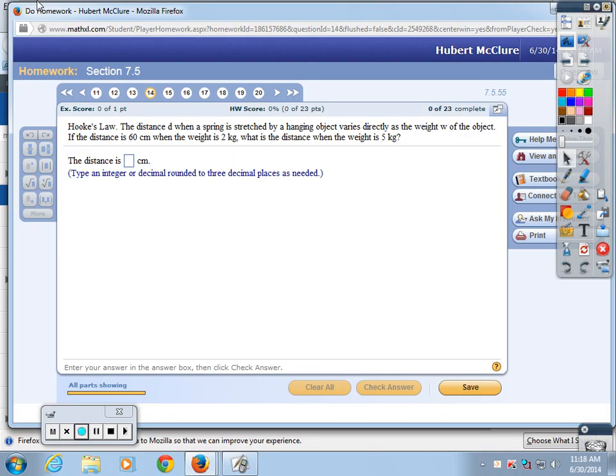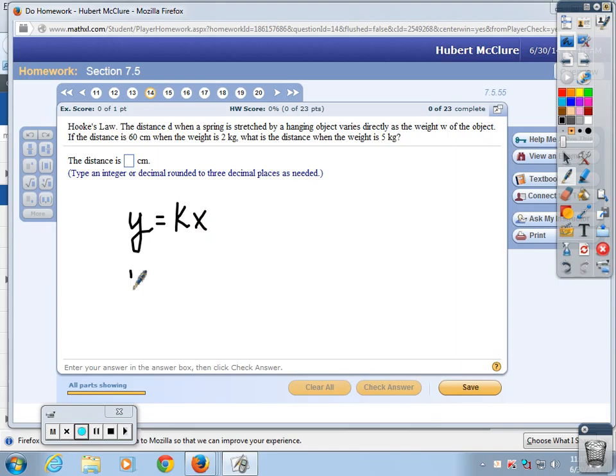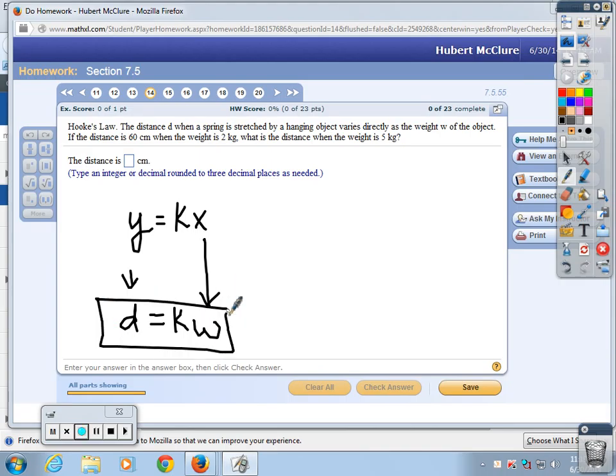Hold on. I write my y is equal to K times X, then I go down here, and what is y going to change into? D is equal to K, and then X changes to, so here is my new equation, and that's how you convert it. Yes. Walt, what were you going to say?